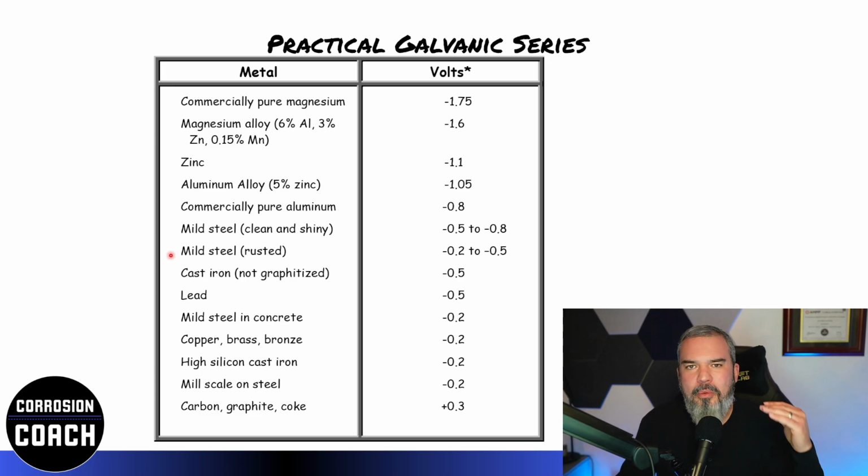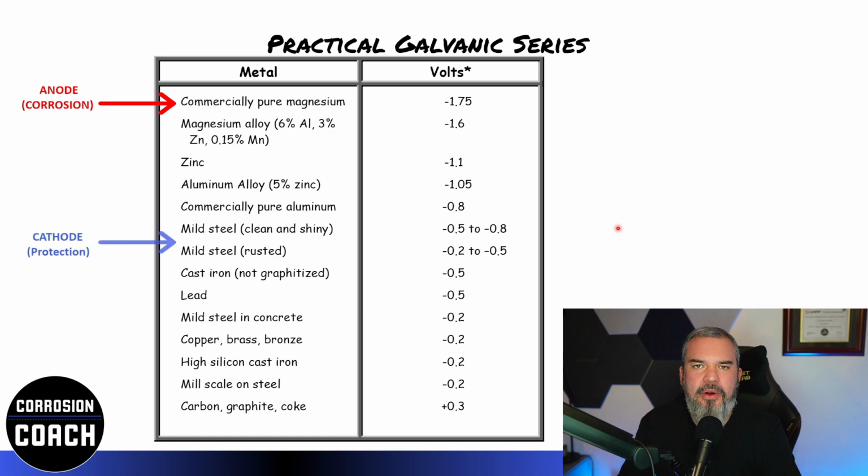So if we couple magnesium at the top of this list, very active, to steel, which is less active, I know that's silly to say, less active or noble, the more active metal is going to corrode to protect the more noble metal. So in that particular case, we're going to see that the magnesium is going to become the anode when we couple it to that steel.